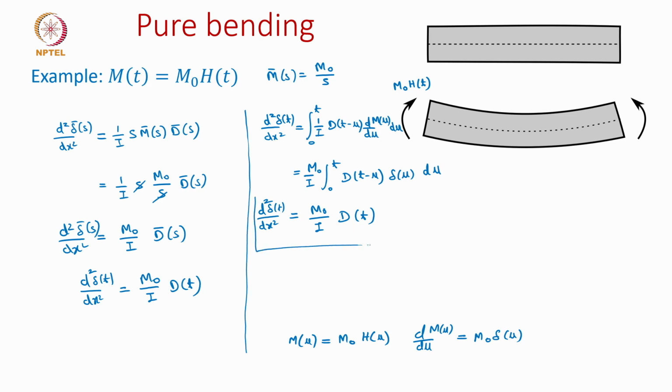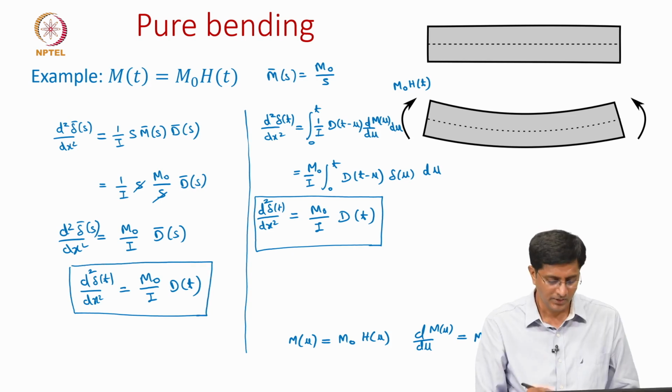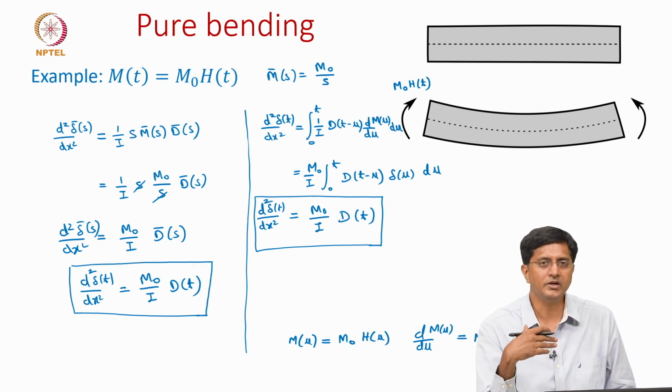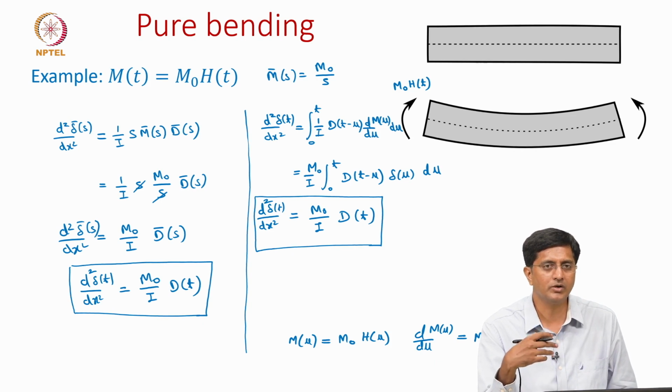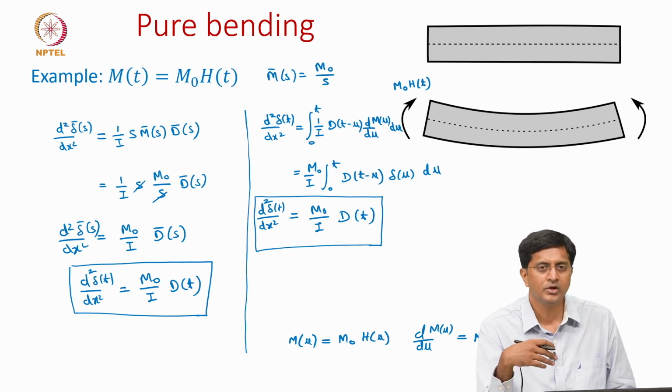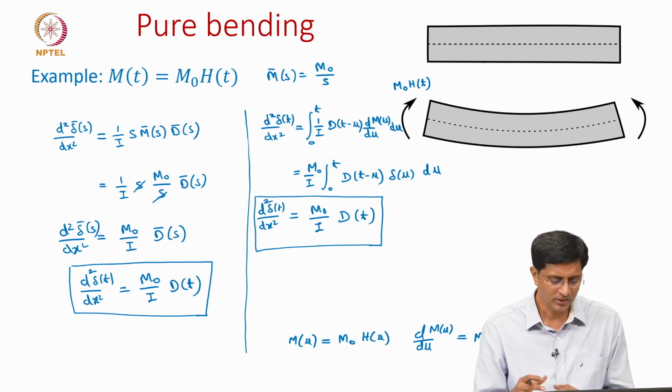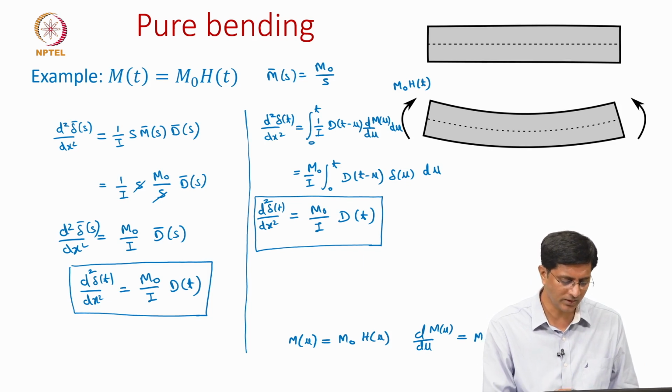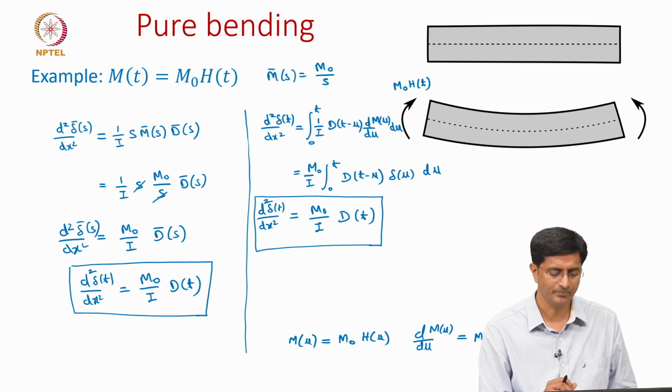So, we see with both the formulas we ended up with the same solution. Here we have not yet defined what is the mechanical model, meaning it could be a Kelvin model, it could be a Maxwell model or any other model, but once we know that, then we can substitute D of t to get the equation for the deflection in the beam.